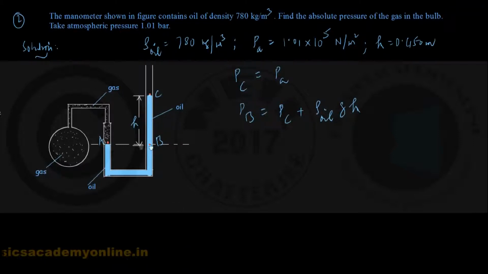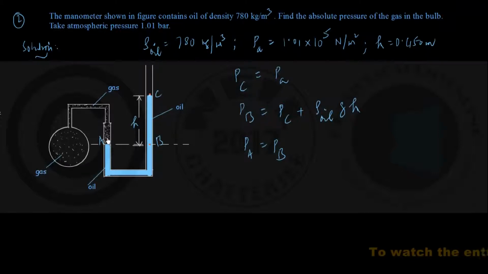Next, since B and A are the points at the same horizontal level within the same static liquid, that is the oil, therefore you can write down the pressure at point A must be equal to pressure at point B. And then you consider any point inside this gas spreading inside the vessel and also a part of this limb. You see, since the difference in height between any point inside the gas and this point A is so small that you might ignore the contribution in pressure because of a small column of gas.